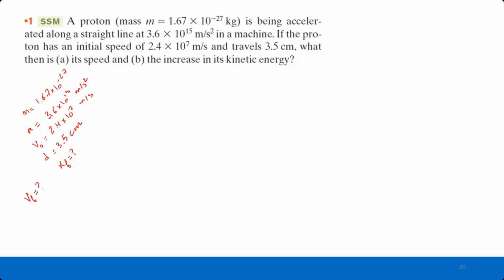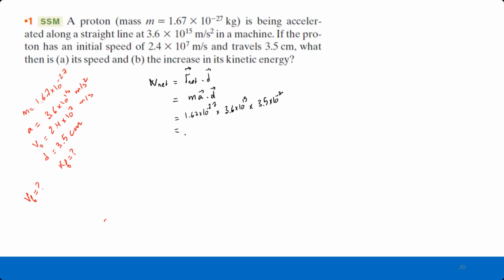So what I can do is use the work energy theorem. I'll say W net is equal to F net dot d. Now I don't have the net force, but I can write F net as m times a. So I have the acceleration, I have the mass, and I have the distance.